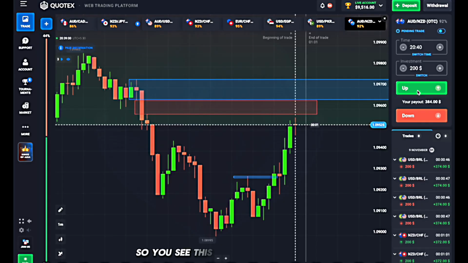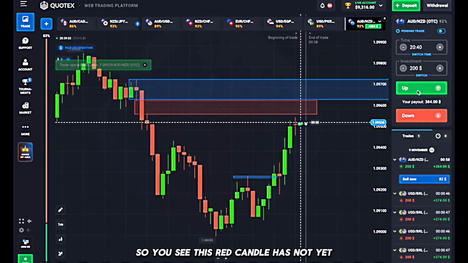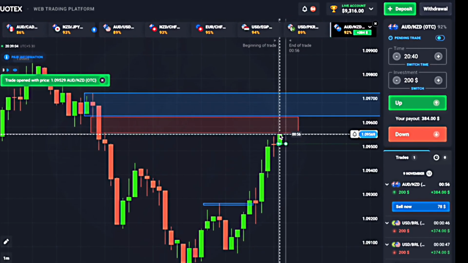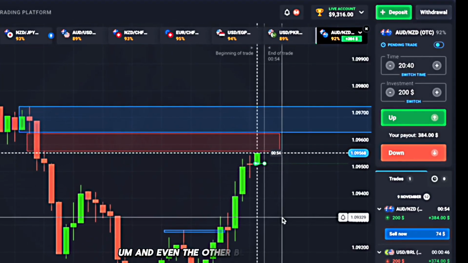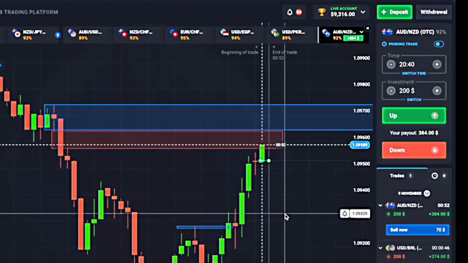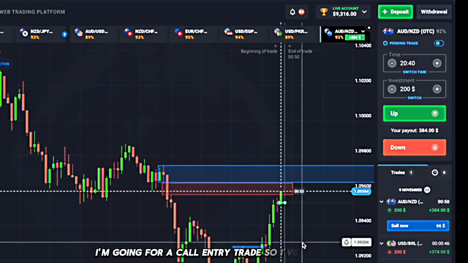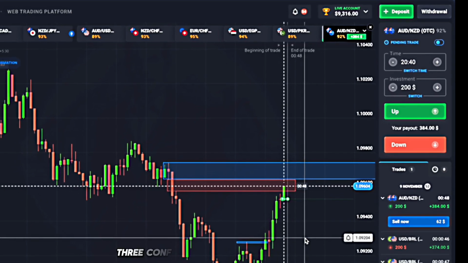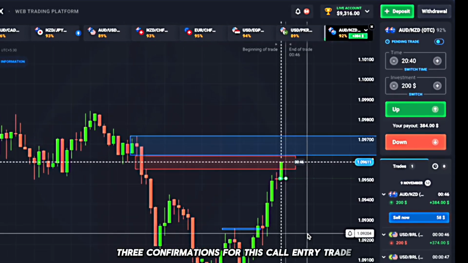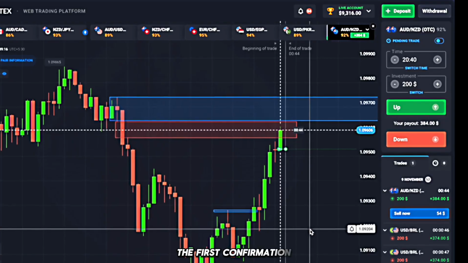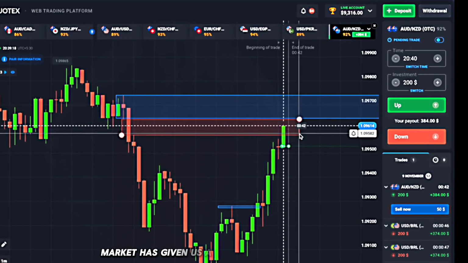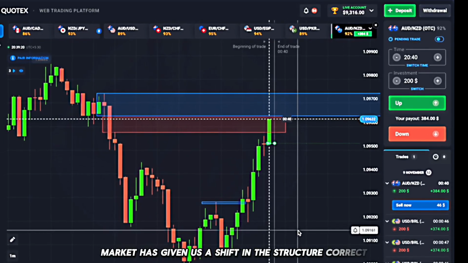You see this red candle has not yet touched our fair value gap, and even the order block, our supply zone. I'm going for a call entry trade. So I've got basically 3 confirmations for this call entry trade. The first confirmation, market has given us a shift in the structure, correct?